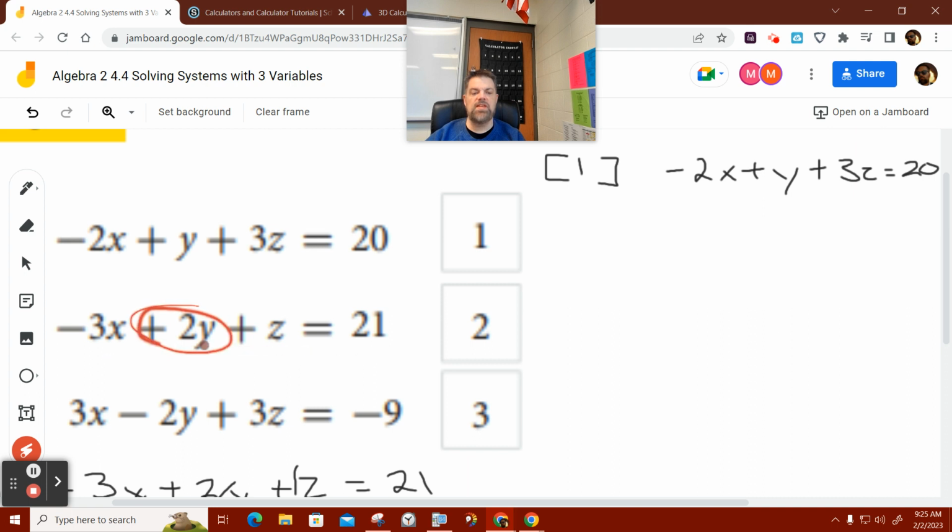Equation 2 has a positive 2y. So if I want to eliminate the y, what do I do with this up here? What do I need to make this to eliminate this? In other words, I'm going to say 2y, do some sort of math, equals 0. So what goes here?